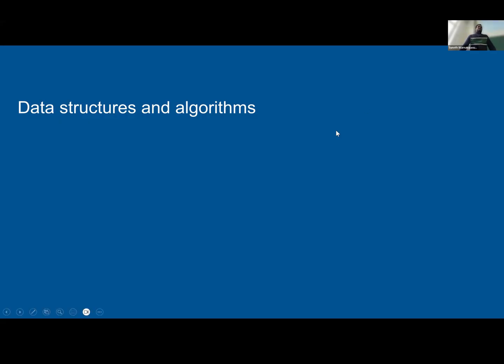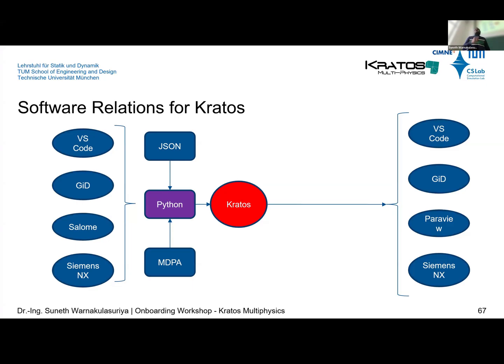So the main topic of the afternoon is understanding data structures and algorithms of Kratos and seeing how we can do what we want. So first thing, there are a few levels of Kratos. We were discussing the first level: VS Code, GiD, Salome, Siemens NX. So the easy level.